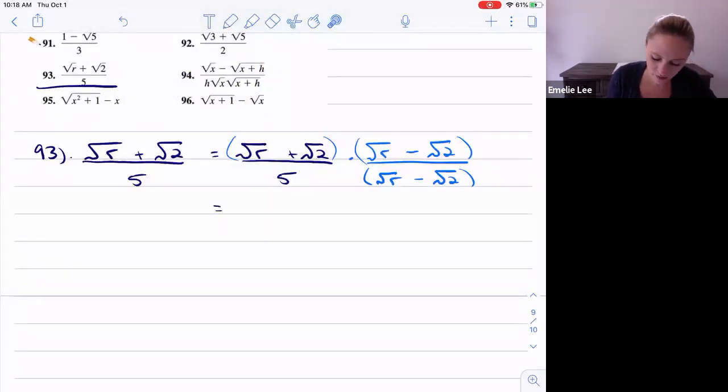So when I expand root r times root r, that's just going to be r. So I'm going to skip that step of writing out root r times root r, and I'm just going to write it out as r. Root r times negative root 2 puts me at minus root r root 2.